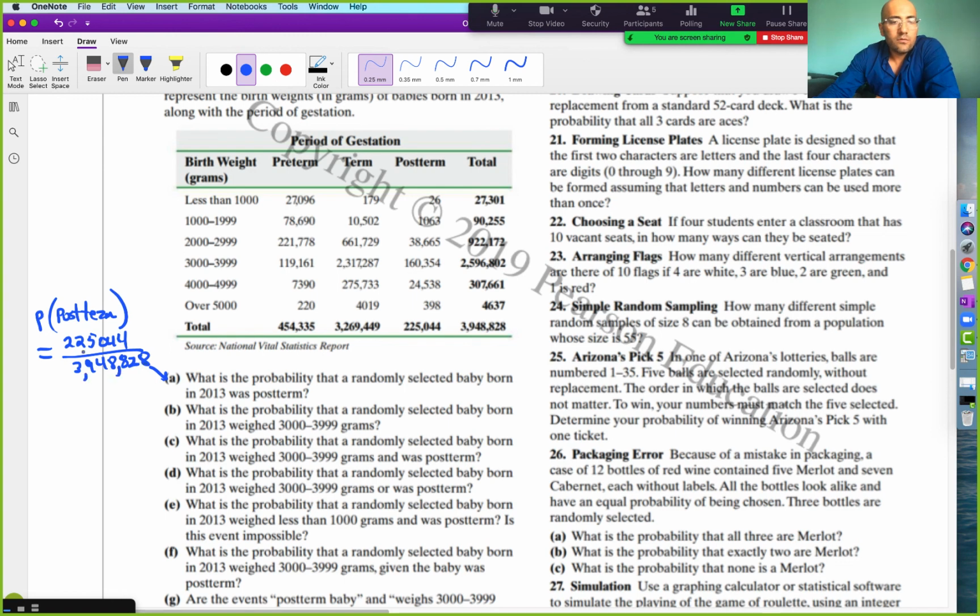All total, 225,000 divided by the 3.9 million. Good. That division will give you the answer to part A.